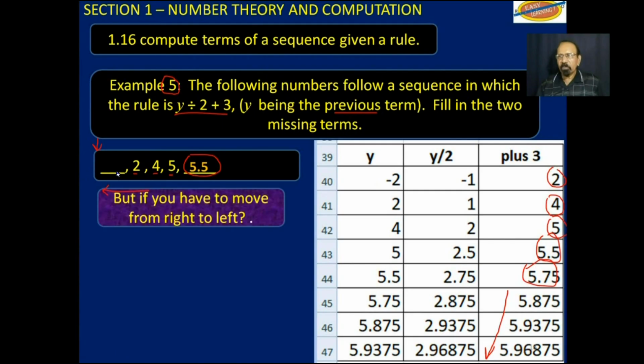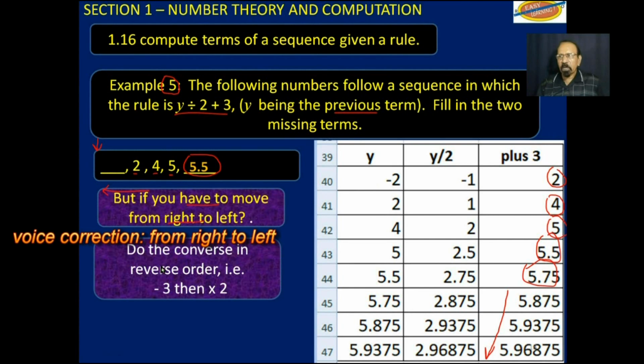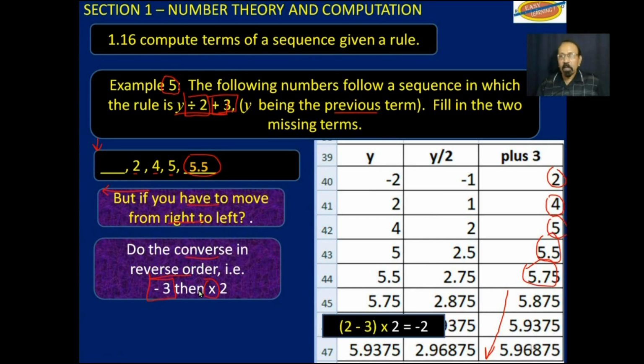Remember what I said, if you move from right to left, you will do the converse in the reverse order. So up here, you are dividing by 2 first, and then you are adding 3. Now, we will subtract 3 first, and then we will multiply by 2 the number that is on the right to get the one on the left.